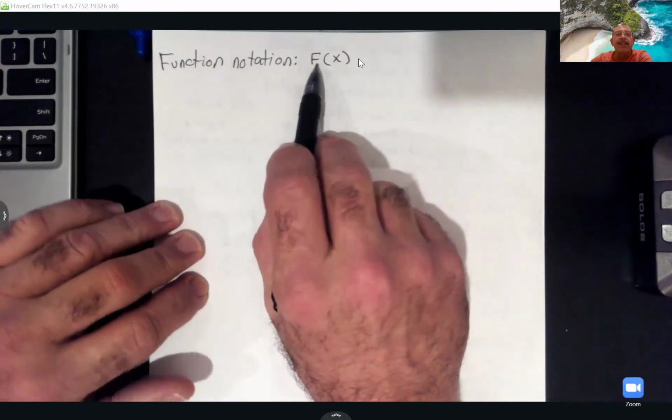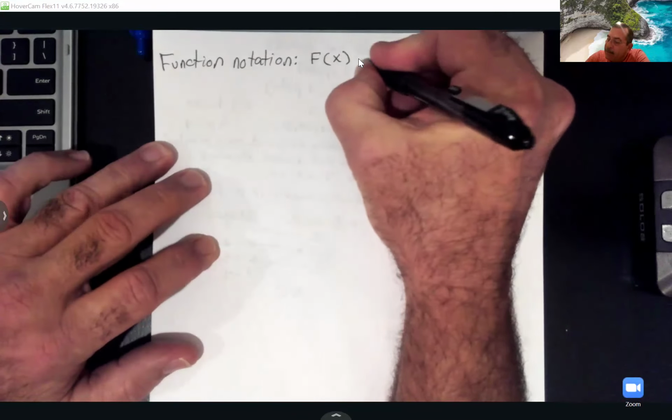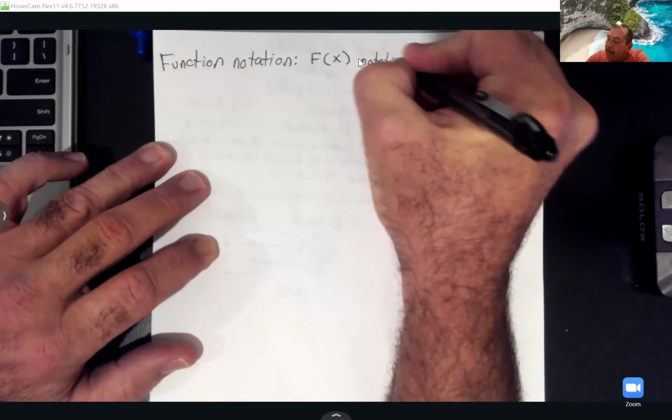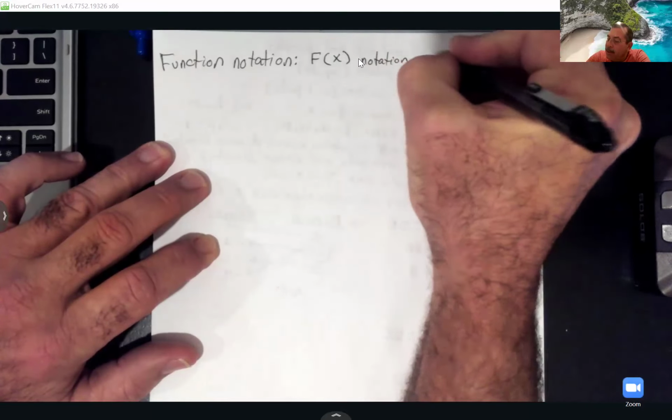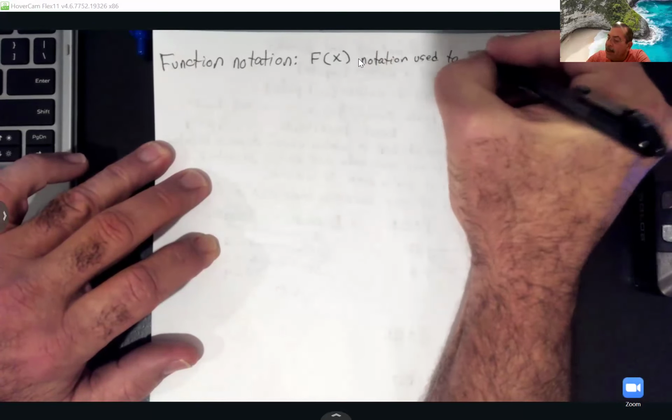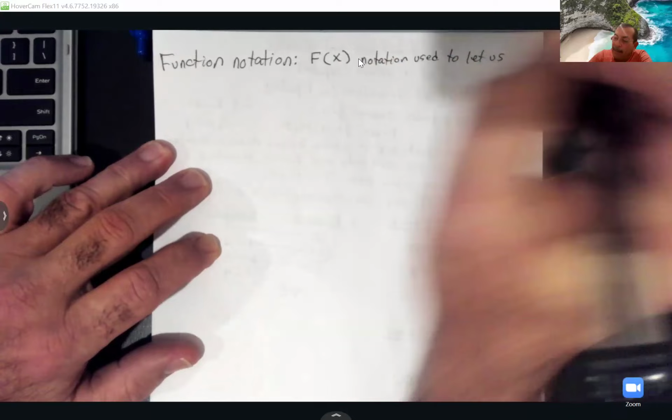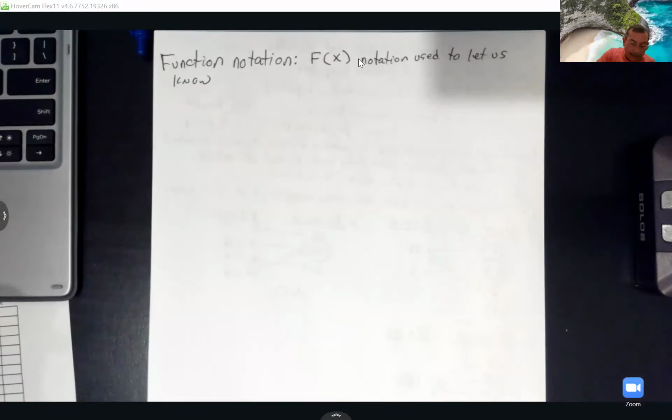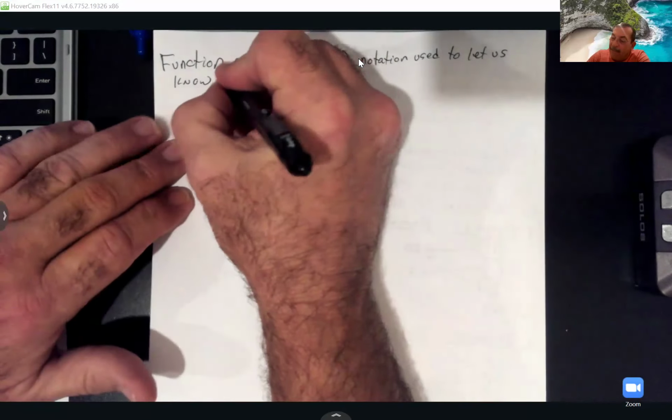So this is just notation used to let us know that we have a function.